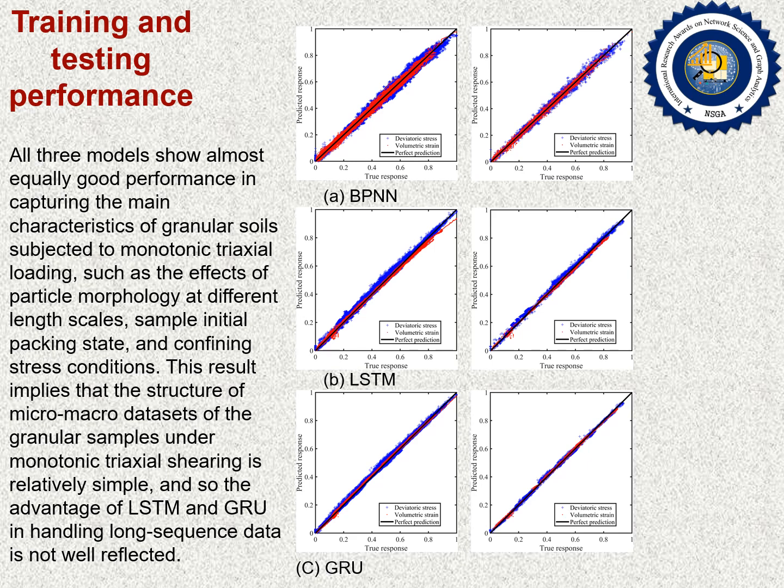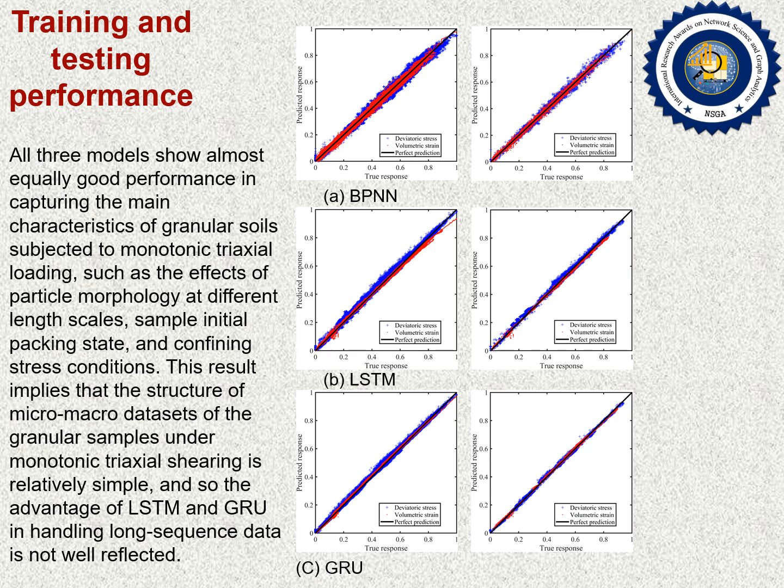We can see all these 3 models show almost equally good performance in capturing the main characteristics of granular soils subjected to monotonic triaxial loading, such as the effects of particle morphology at different length scales, sample initial packing state, and confining stress conditions.